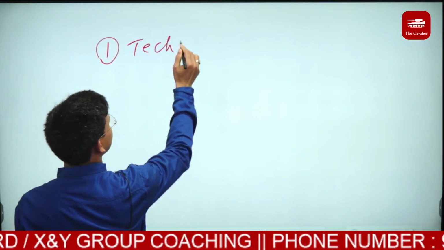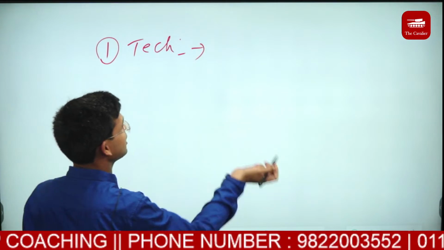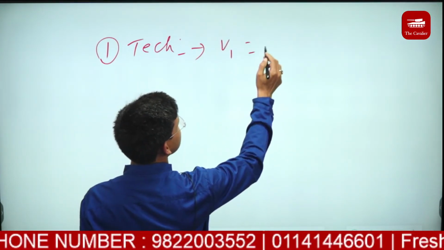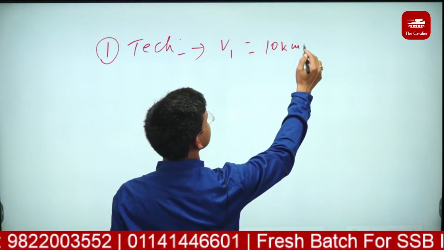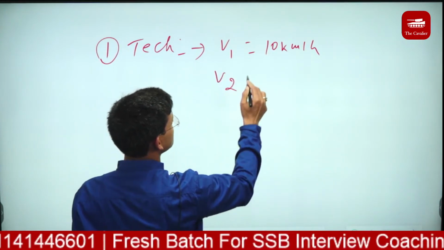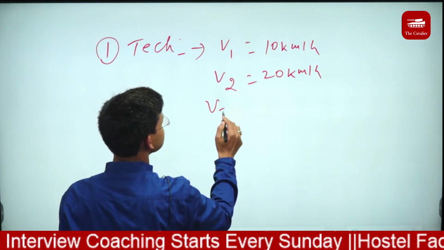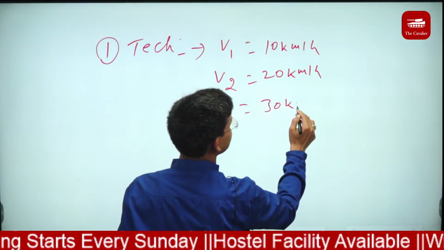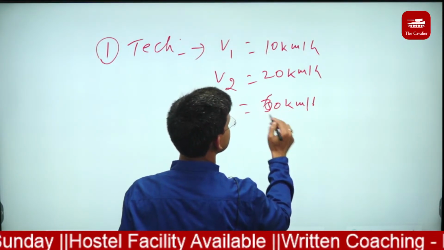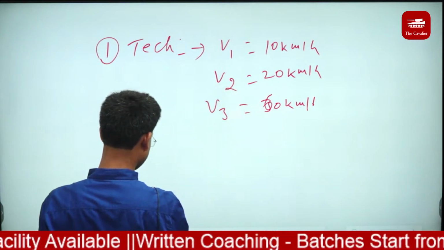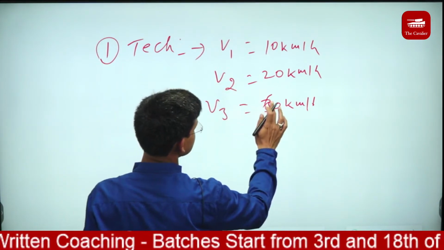ये मैं आपको टेक्निक बता रहा हूं कि if you have given v1 10 km/h, v2 is 20 km/h and v3 is 60 km/h.